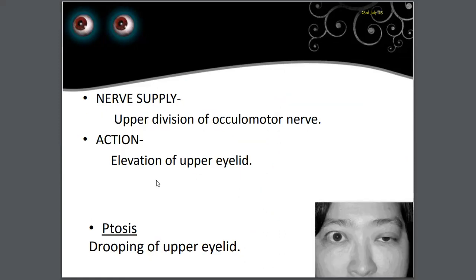Action: levator means it elevates, palpebrae means lids, and superioris means upper eyelid, so the name itself gives the meaning. It elevates the upper eyelid. If this muscle is paralyzed due to damage of the superior division of the oculomotor nerve, it leads to ptosis, which is drooping of the upper eyelid.